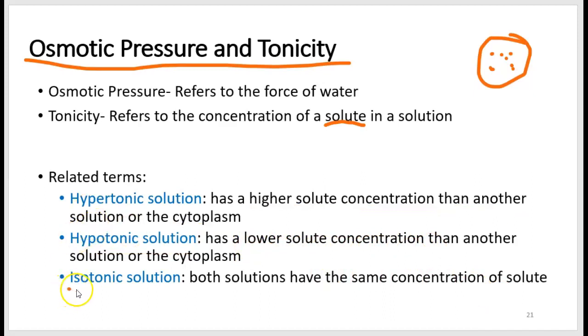But there is another example, and that is an isotonic solution. Iso means same. So both solutions, or the outside of the cell and the inside of the cell, have the same concentration of a particular solute.